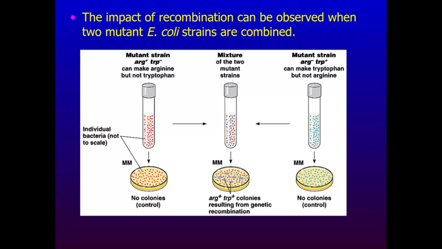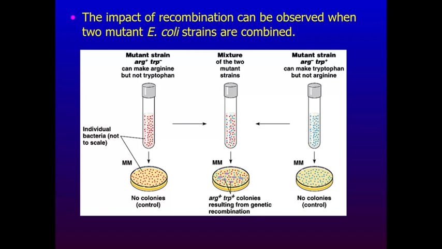And if they can't make one of them, they're not going to survive or grow and reproduce on an agar plate that does not have additional nutrients in it. It's what we call a minimal medium plate. There are no additional nutrients in this, just enough to let the bacteria live, but they can't reproduce because these guys cannot make tryptophan. Well, over here, I've got a different strain. It can't make arginine, but it can make tryptophan. They don't grow on a plate.